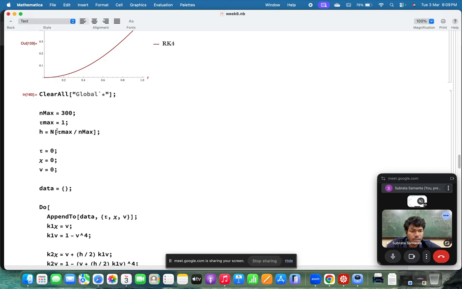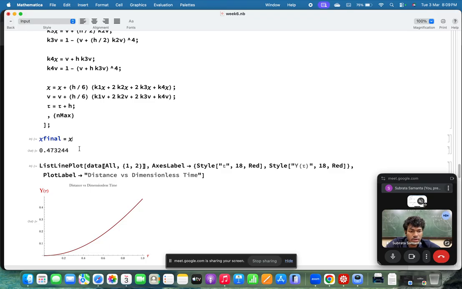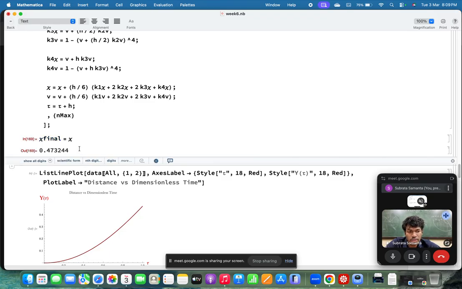So, you just calculate the chi final, the last value stored in the loop, stored in the variable chi.